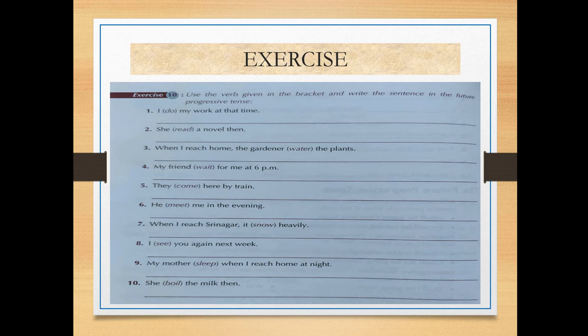Now what does the format say? The format says use will or shall plus be plus V1 form of verb plus ing. So the answer would be: I will be doing my work at that time.